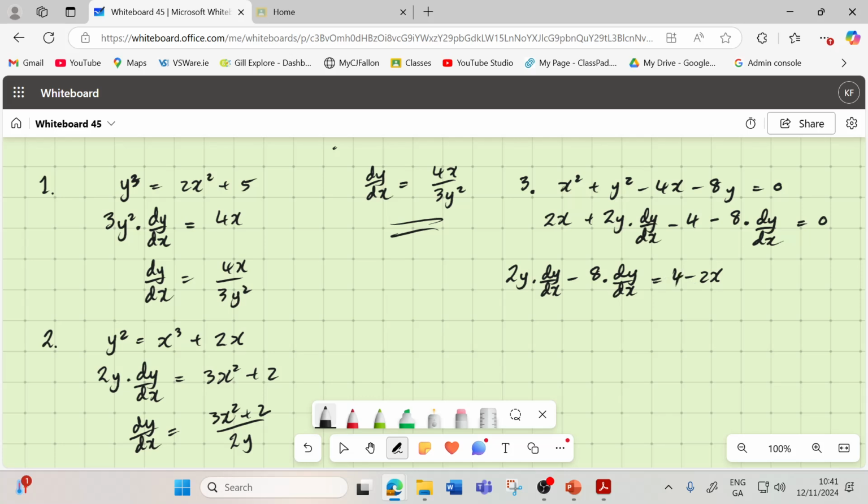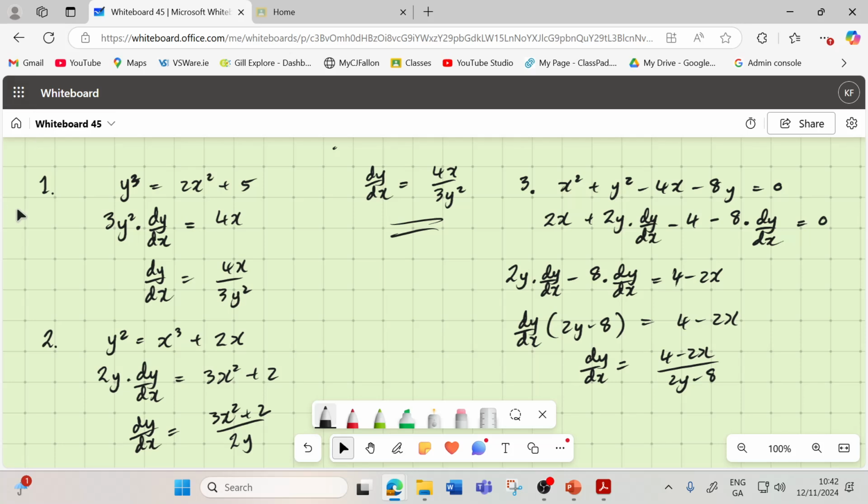Okay? Because minus 6 has to be plus 6, so switch it over. Now, dy dx bracket 2y minus 4 equals 6 minus 2x, so dy dx equals 6 minus 2x over 2y minus 4. Okay? That should be the answer.